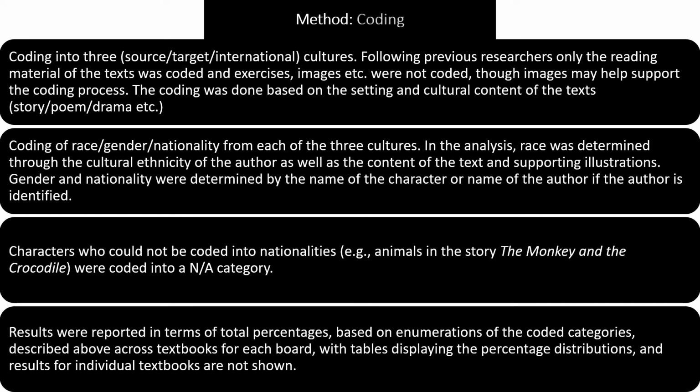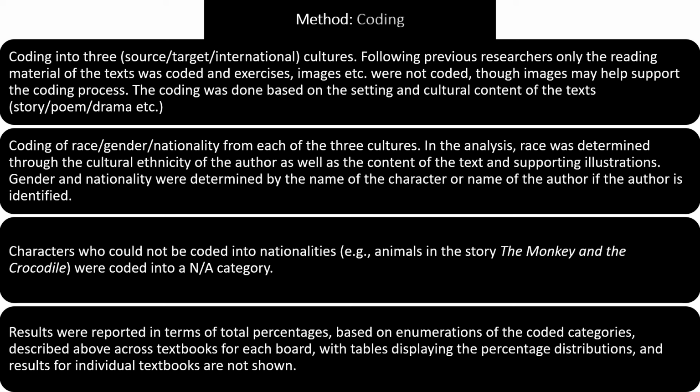For instance, mixed race. Though South Asian is a subset of the Asian group, it was distinguished to highlight and separately enumerate their appearance in the textbooks. In the analysis, race was determined through the cultural identity of the author as well as the content of the text and supporting illustrations.